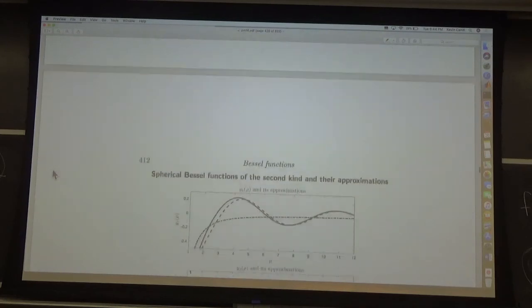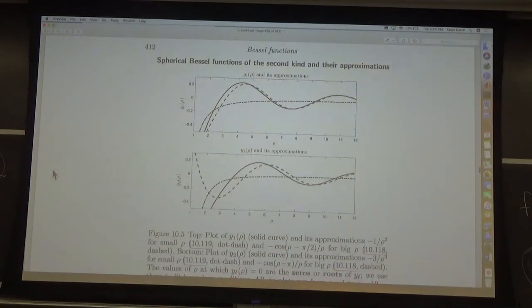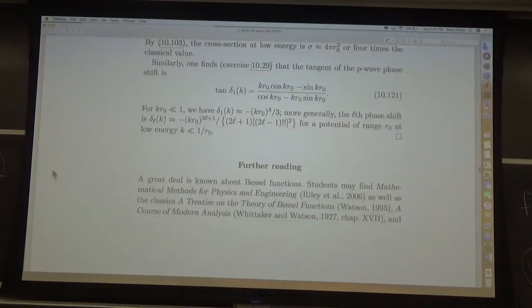I think I'll just skip the rest of that. Let's just look at the spherical Bessel functions. Once again, they're nice functions, and you can approximate them as cosine over rho for large rho, and as 1 over rho to some power at small rho. And so that's basically it.